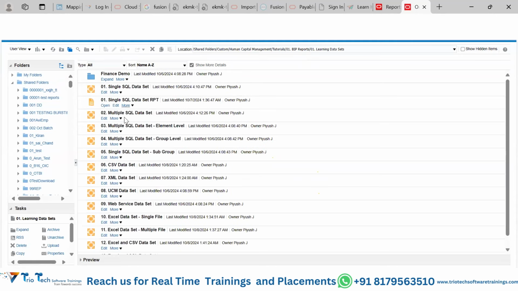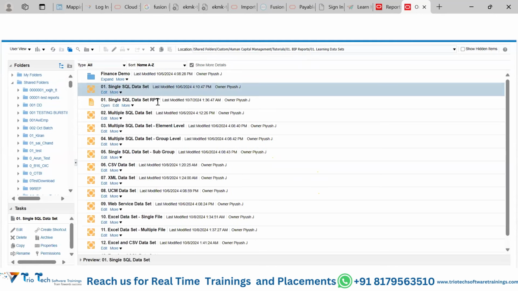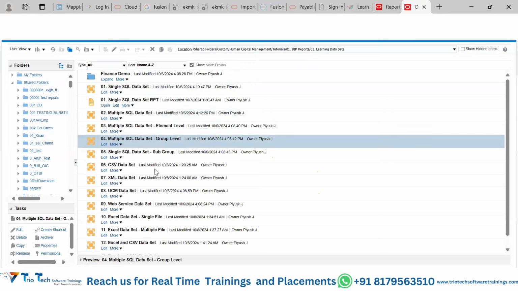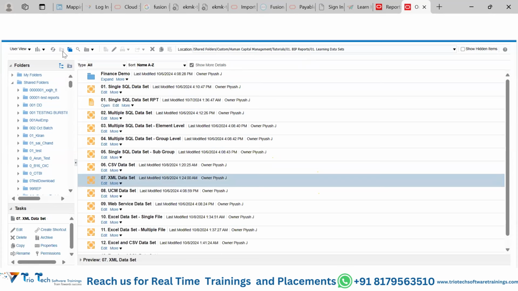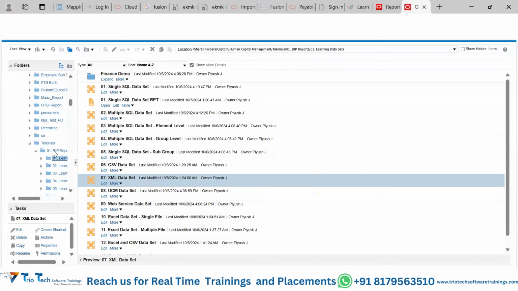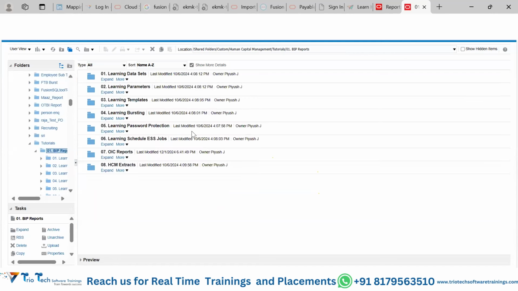If we discuss creating a single SQL data set, multiple SQL data sets, multiple SQL data sets with grouping, CSV set, XML set, like this, hundreds of different reports, hundreds of integrations, hundreds of HCM extracts have been provided for your reference, that you can refer to and utilize during the training as well as after the training for your support and your learning.